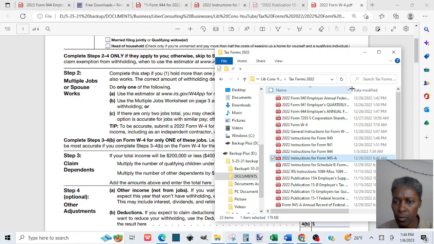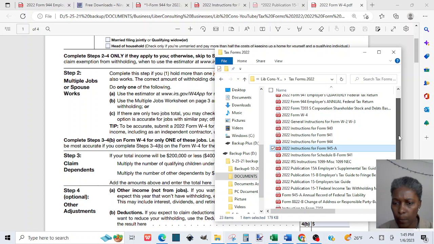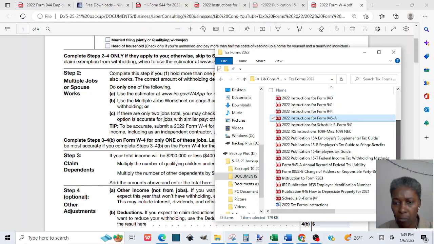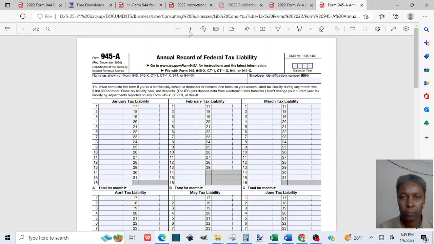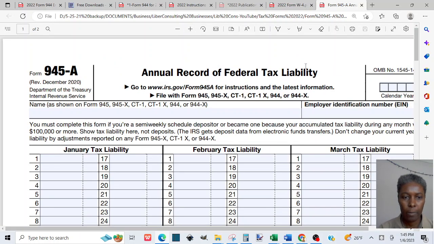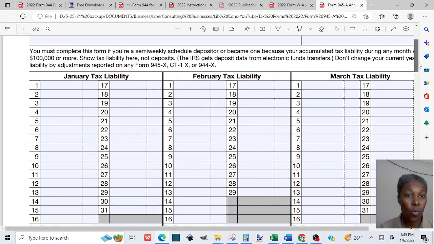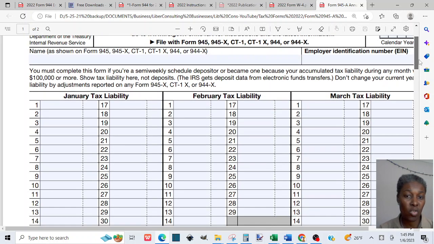And I hope I have the form. Or no, I think I have the form here. Okay, so the way the form is designed, if you want, you can use it to design your spreadsheet as well.